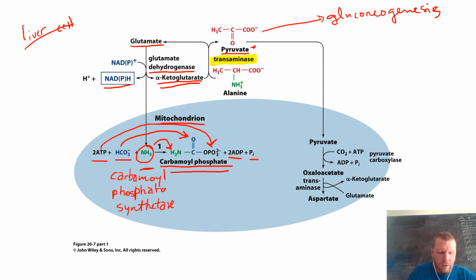this molecule is the molecule that is going to enter what is a cycle known as the urea cycle. The cool thing about this is that it speaks to intellect and one person's hard work: this urea cycle is also known as the Krebs-Henseleit cycle.